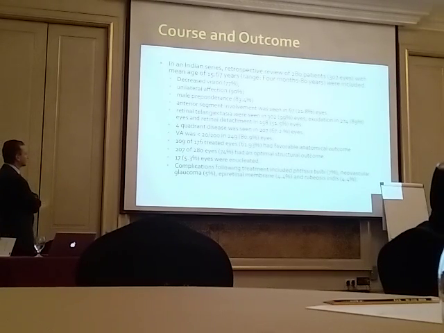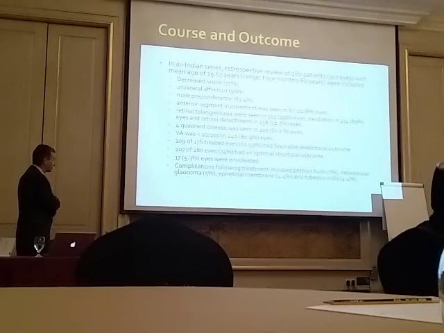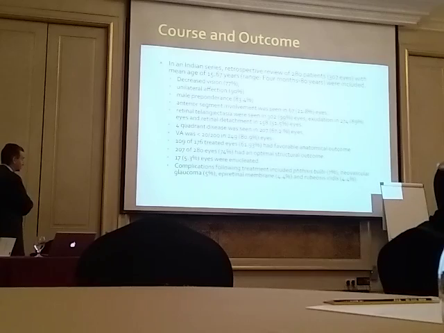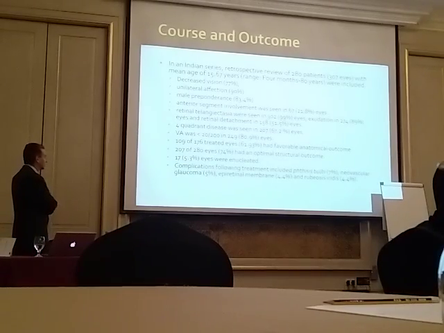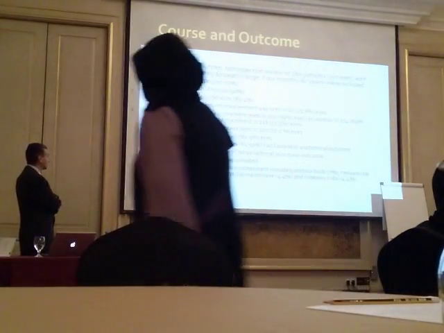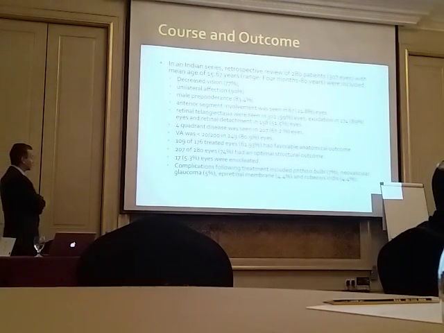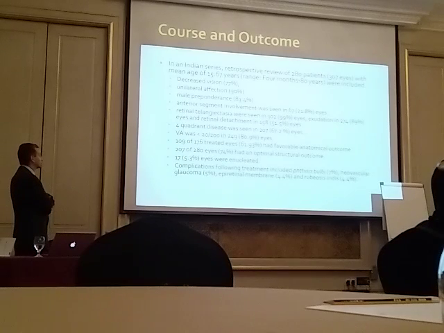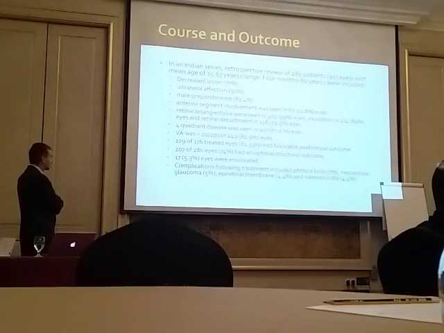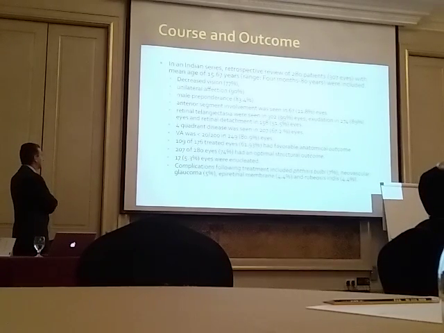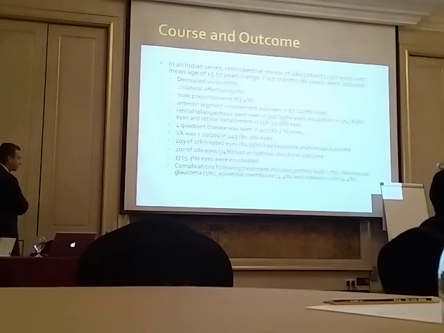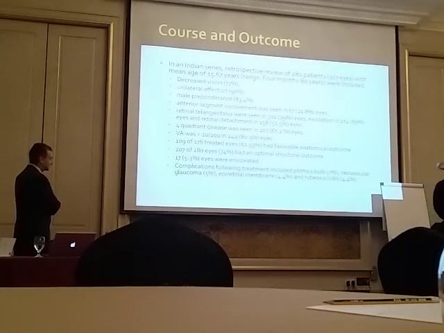Four-quadrant disease was seen in two-thirds, and 80% had less than 20/200 vision. With good treatment in good time, 109 had a favorable anatomic outcome and a structural outcome as well in 207 eyes. Only 5% of the eyes were enucleated in this Indian series, which is good. It means not too many progressed to very severe stages.